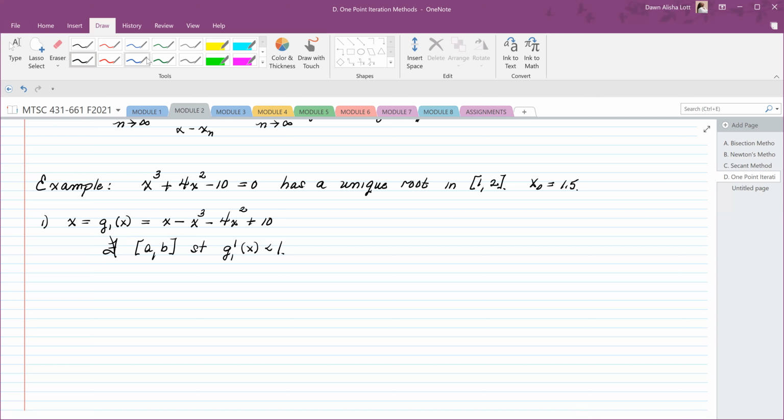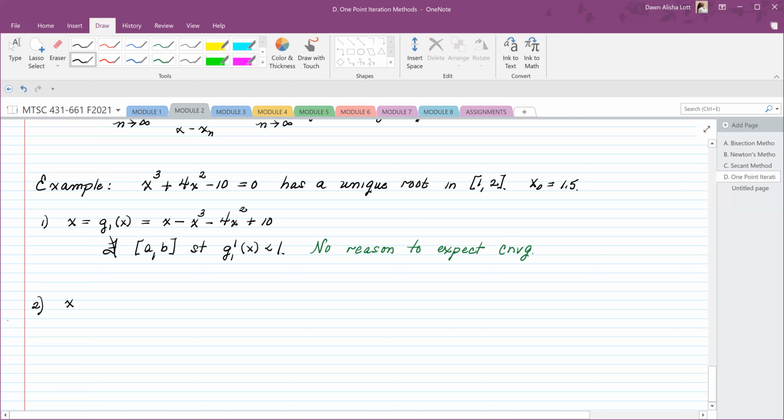So for this one, we have no reason to expect convergence. It doesn't satisfy the conditions of our lemma. So we can't say because such and such happens, this should happen. I don't have that authority.